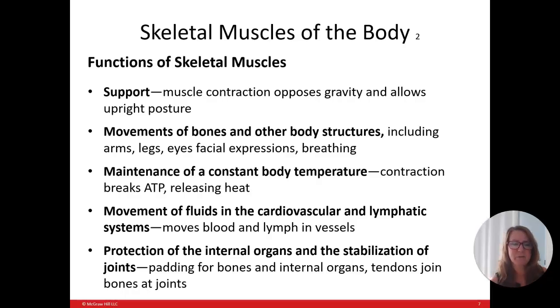Okay, the last one, protection of our internal organs and stabilization of joints. So sure, joints. I've got a right knee thing. I know how I did it. I definitely know how I did it. I am doing some strength training. I'm doing planks and I'm doing things, right? You're doing things essentially to support the knee. So the knee is going to be better protected if we have strong quads, right?